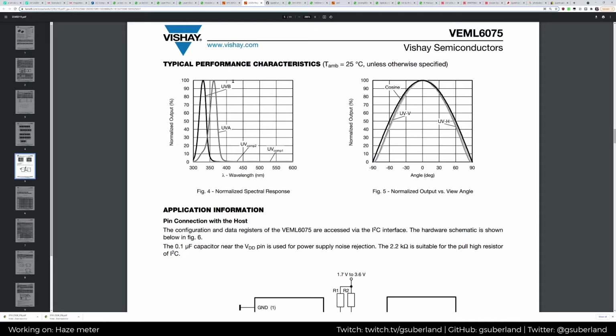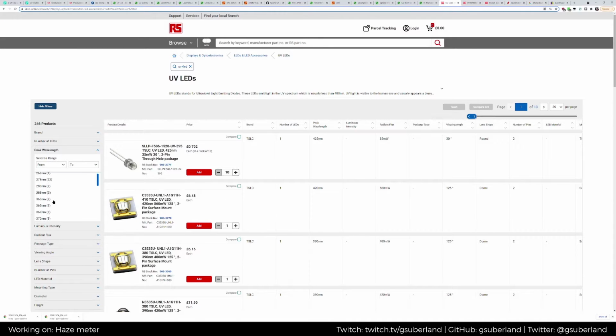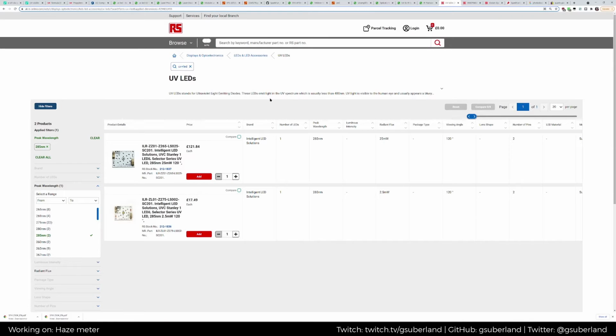So let's go with about 330. Where were we? Yeah, 330. They can sell me a 265 nanometer LED, but it jumps from 285 to 360. Arseholes.